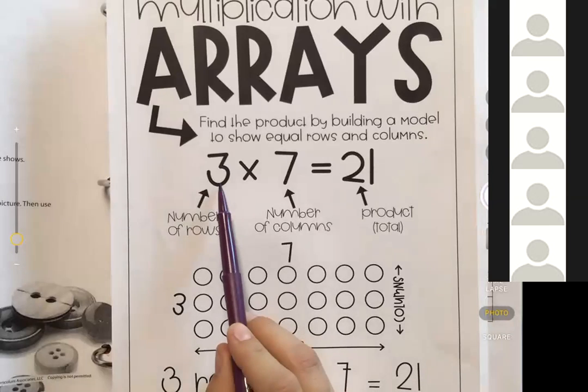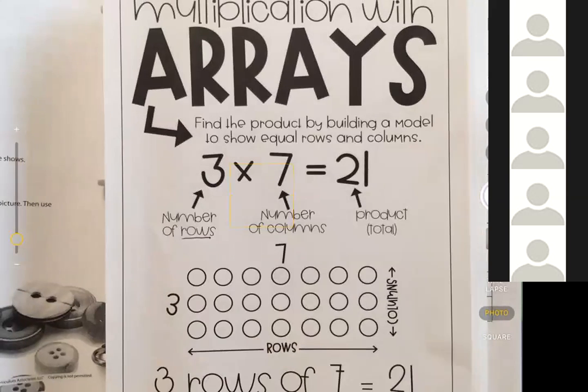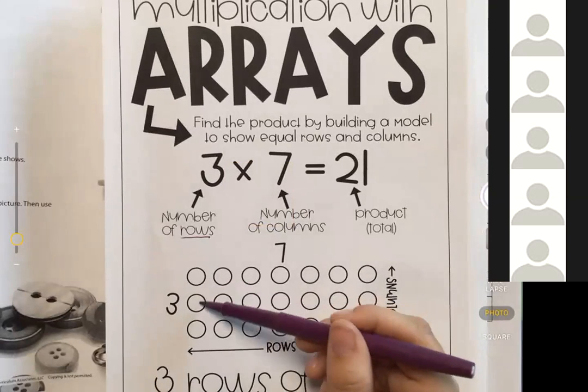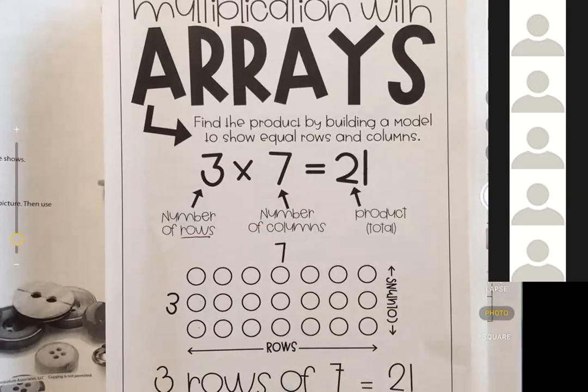So the first number, instead of the number of groups, it's the number of rows. And when you think of a row, think about if you've ever been to the movies. When you go to the movies, you sit in rows. So rows go across, right? So we'd have 3 going across. So when you're drawing an array, you'd start with these and you'd do 3 because that's the number of rows.